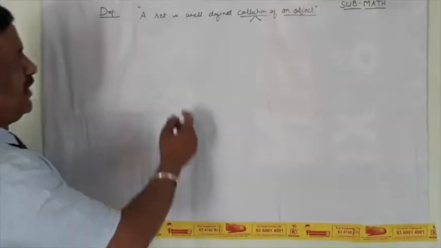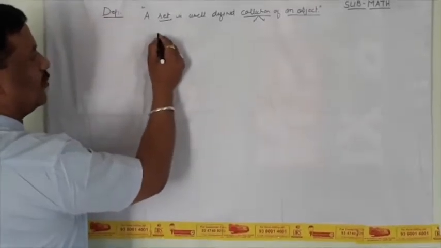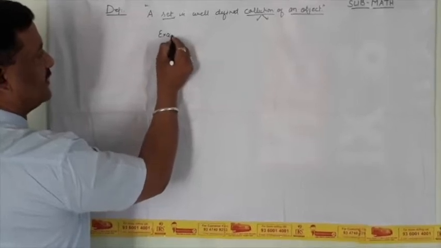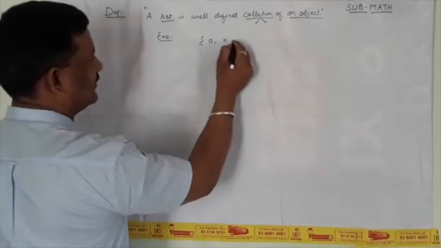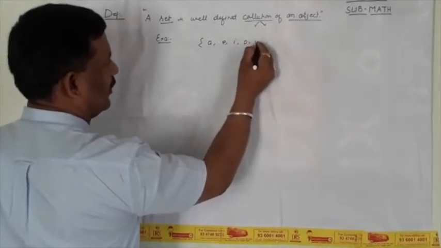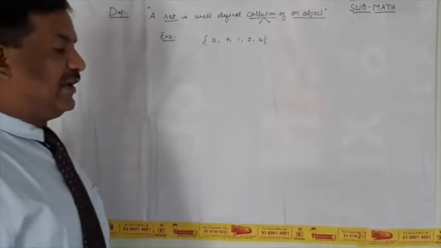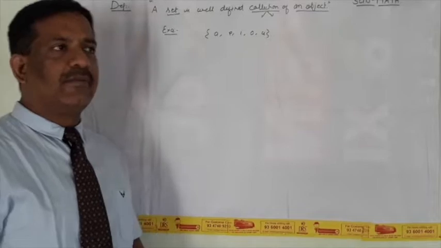To understand this definition of a set, we would like to discuss one example. For example, let us take the collection of vowels in the English alphabet. But first of all, there is a method to define sets.